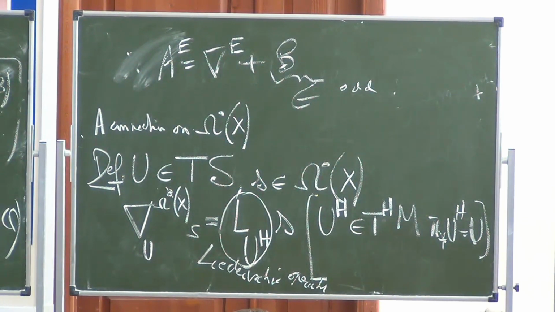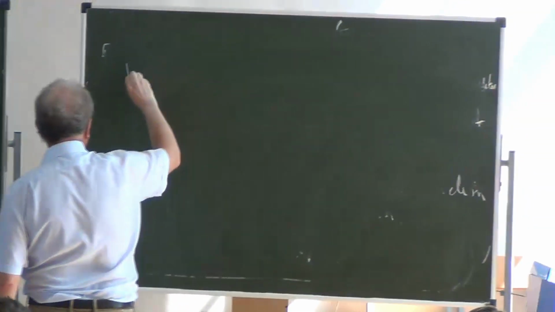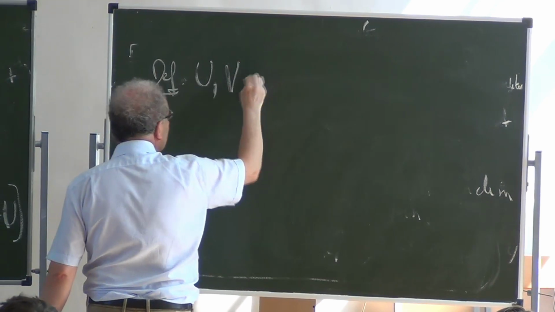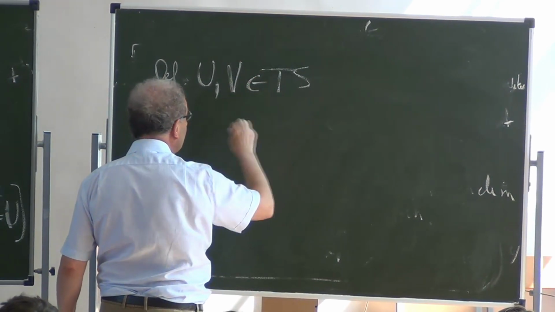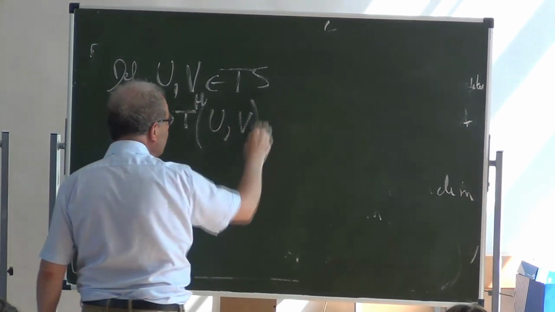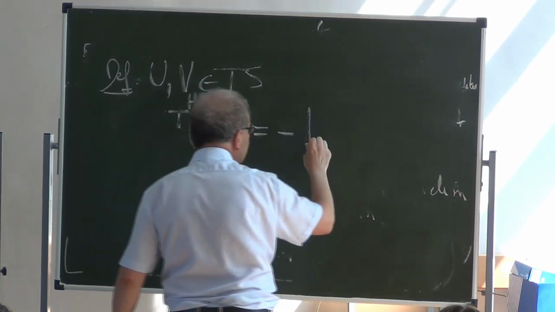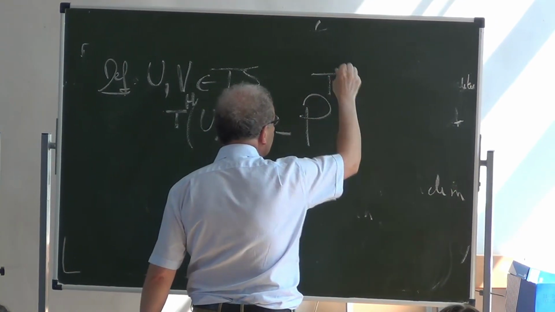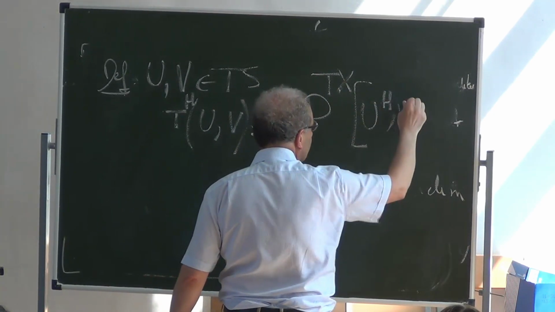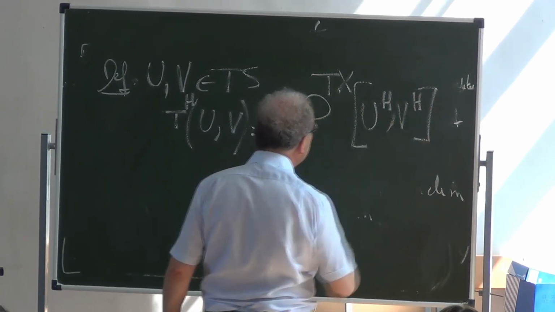Now, a second fundamental object is the following. Definition: if U and V lie in TS, by definition T^H of U and V is equal to minus the projection on TX of the Lie bracket [U^H, V^H].